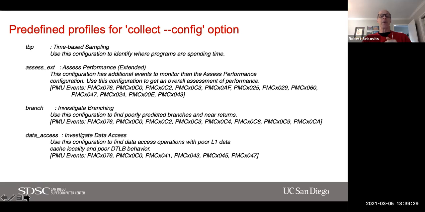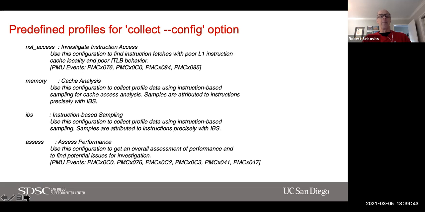And then there's a bunch of other predefined profiles: assess_ext, branch, so that you can look into branching behavior, data access, memory, ibs, assess, and so on.